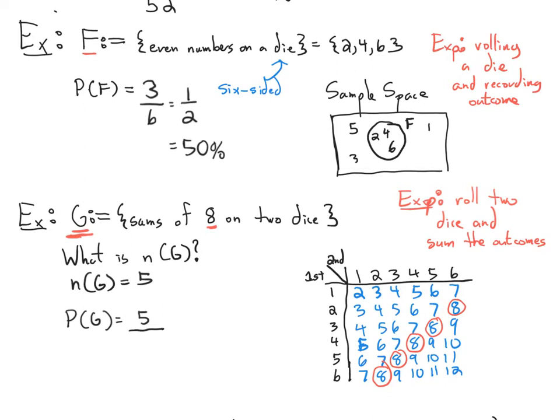So 6 times 6 is 36. There are 36 total outcomes in rolling 2 dice. So our probability is 5 out of 36, which is roughly 13.9%. But it's fine to leave it as 5 over 36 if you like.